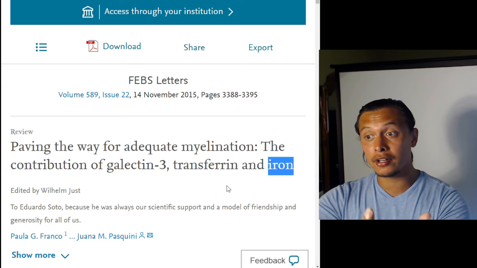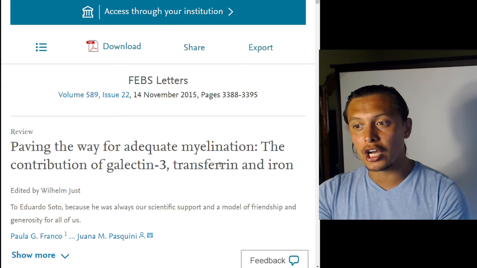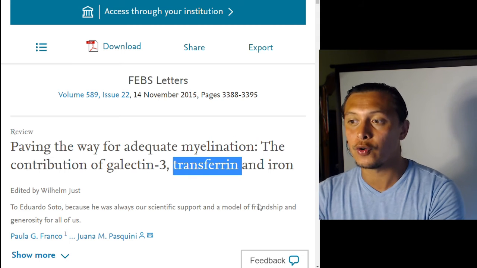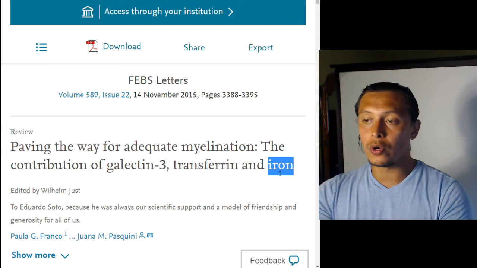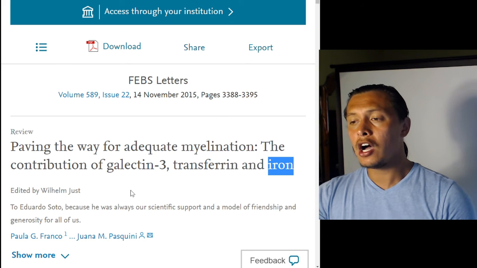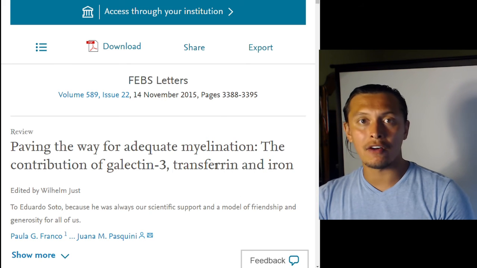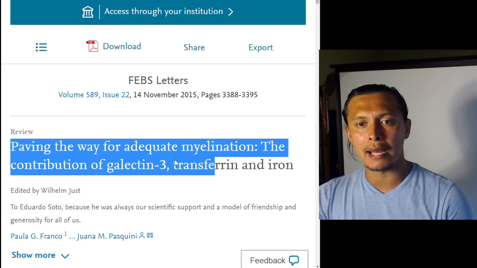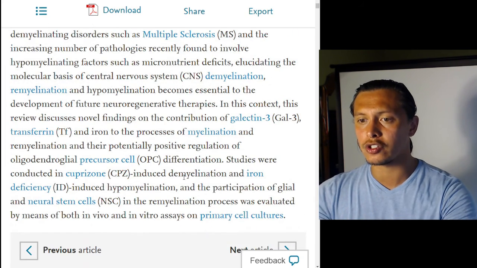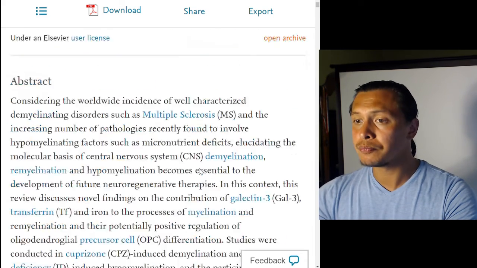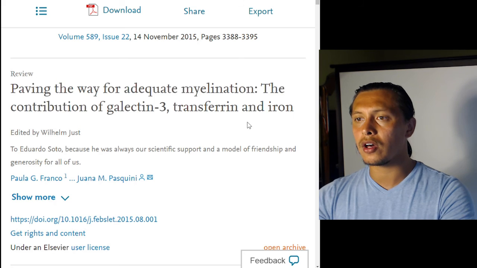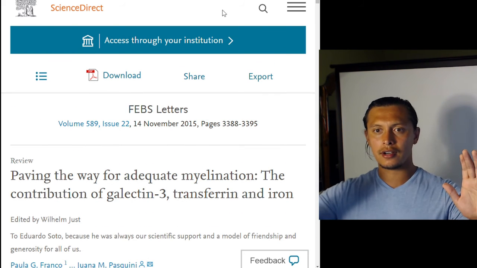However, if you aren't getting these injections of transferrin, the only way that you're going to make enough of this transferrin is if you have enough iron in your system, which is why, at least in this animal model, it was necessary to have transferrin. And I think I will go over this paper tomorrow then, because I thought that this review was actually very interesting. So I think with all of that, I'm done.